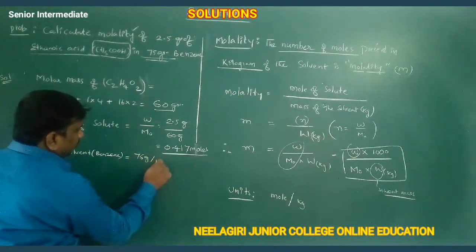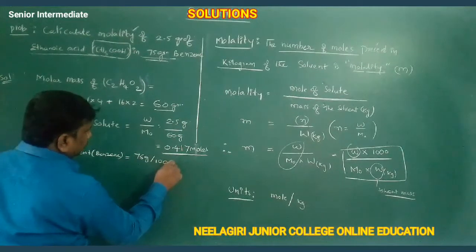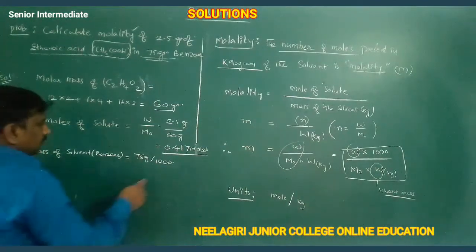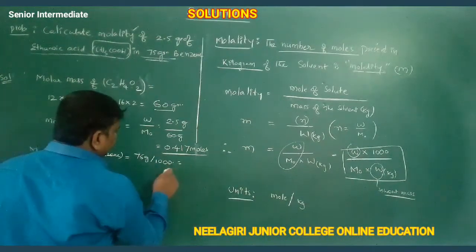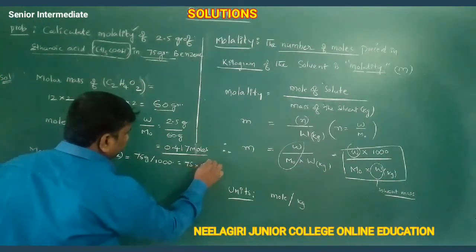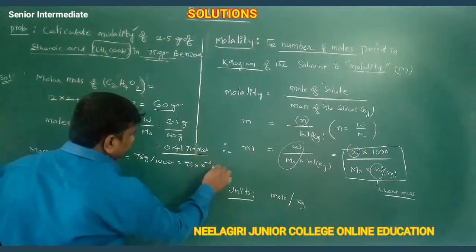This will be into 1000 kg. So that is equal to, how it will become, 75 into 10 to the power of minus 3 kg.